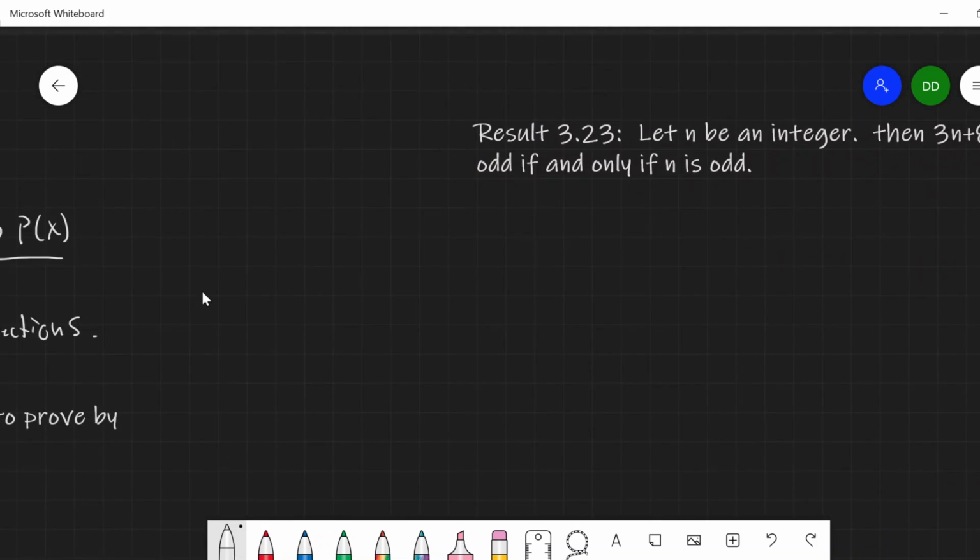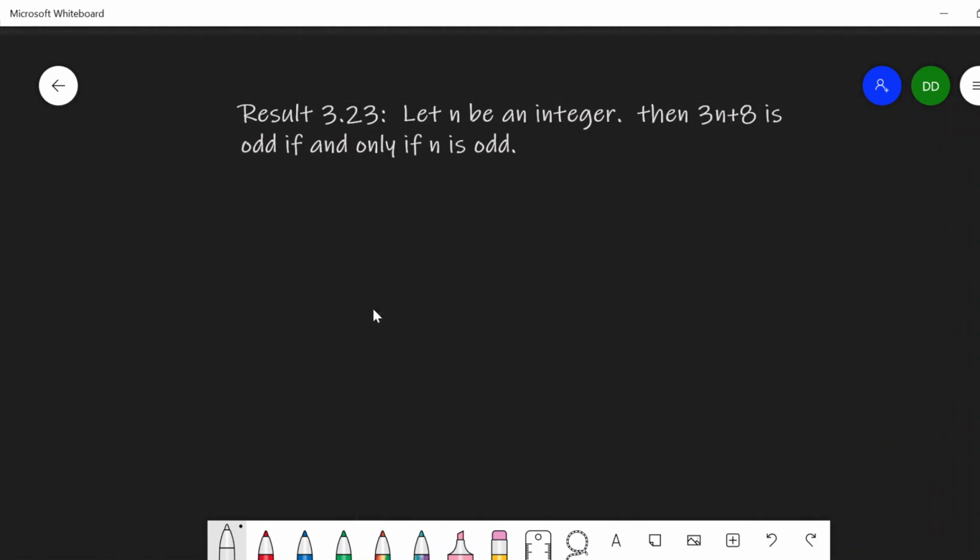So result 3.23: here n is an integer. We want to show that 3n plus 8 is odd if and only if n is odd.